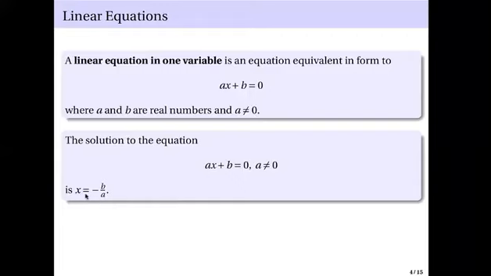And this equation here is equivalent to this form. Okay? So I mentioned earlier, we will have some linear equation. We will transform it to this form, and then from this form, we will be able to transform it to this form.